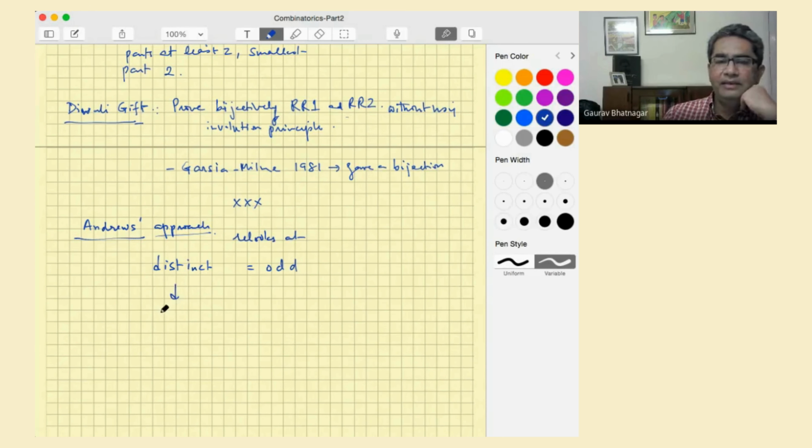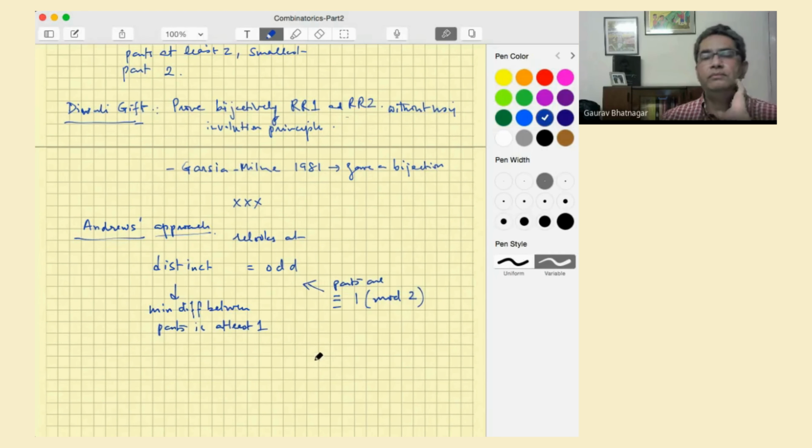And distinct, you can look at it as that the minimal difference between parts is at least 1. And odd he looks at as a number theoretic condition, and he says those items where the parts are congruent to 1 mod 2, right?